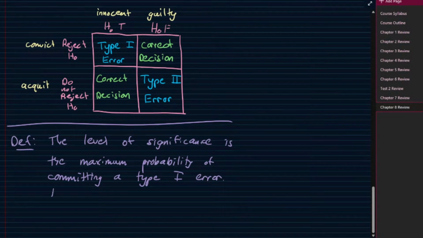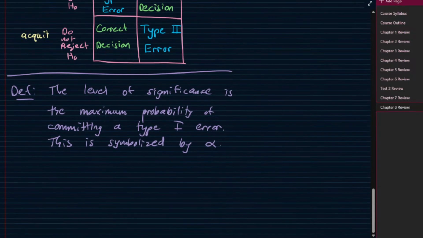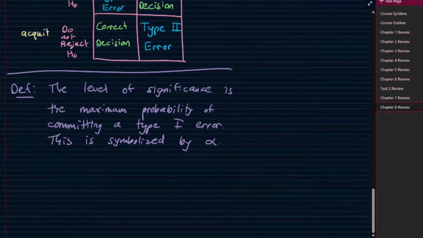This is symbolized by alpha. It's the first letter in the Greek alphabet, alpha.